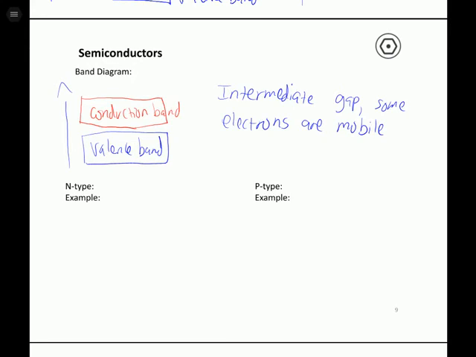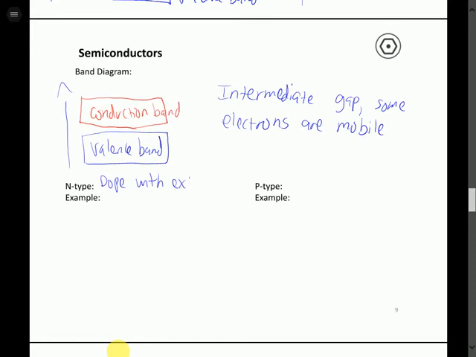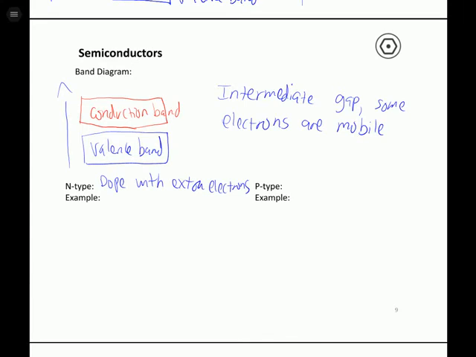And there's 2 ways to do that. It's called either N-type or P-type. So for an N-type semiconductor, we're going to dope it with extra electrons. So the most common, well-known semiconductor is silicon. This is what's used in most solar cells that are commercially available today.